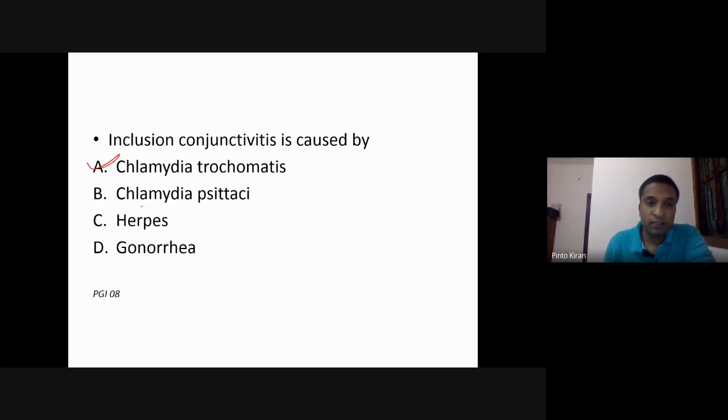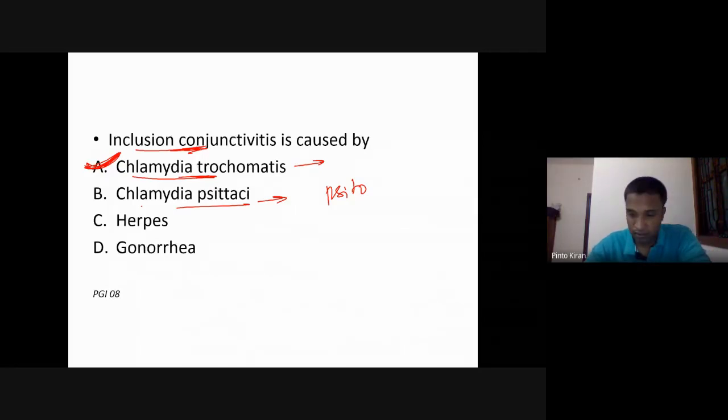We have discussed, chlamydia trachomatis. Chlamydia psittaci causes psittacosis. You should remember this. Only chlamydia trachomatis causes the inclusion conjunctivitis. There should not be any confusion regarding this.